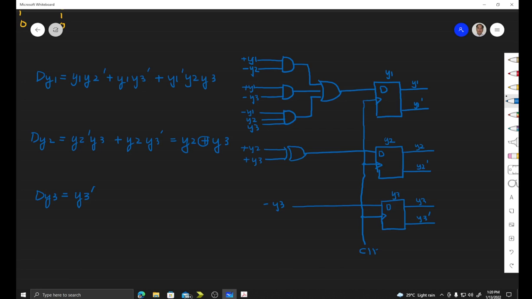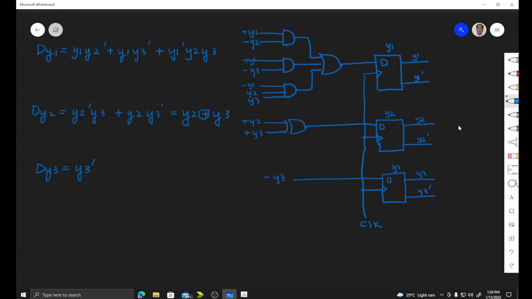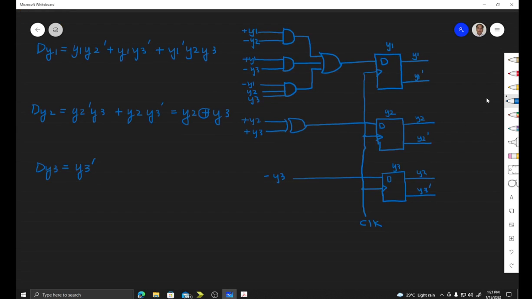We have a common clock for the circuit. This is our clock. So now let us write our code for the circuit. We will use here a separate module for our flip-flop. So first let us create our code.